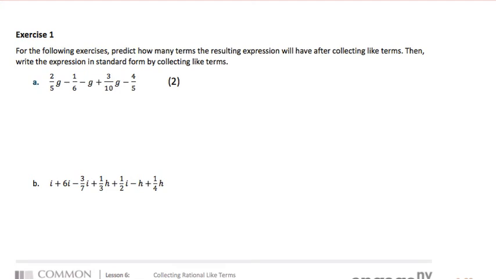Now, the first step would be to rewrite all of the subtraction to addition. So we'll have 2/5 g plus negative 1/6. Change this subtraction as well.